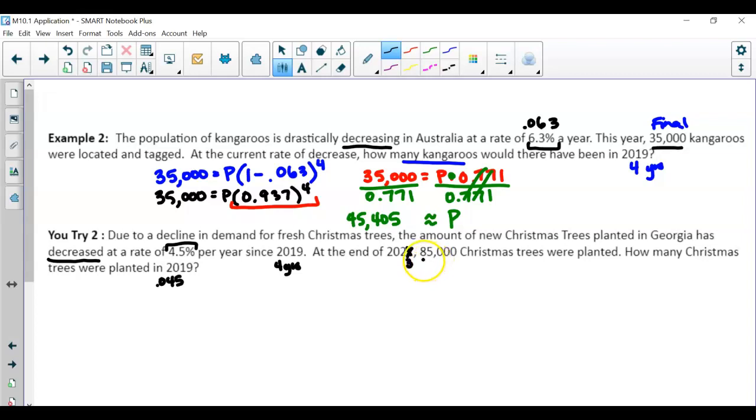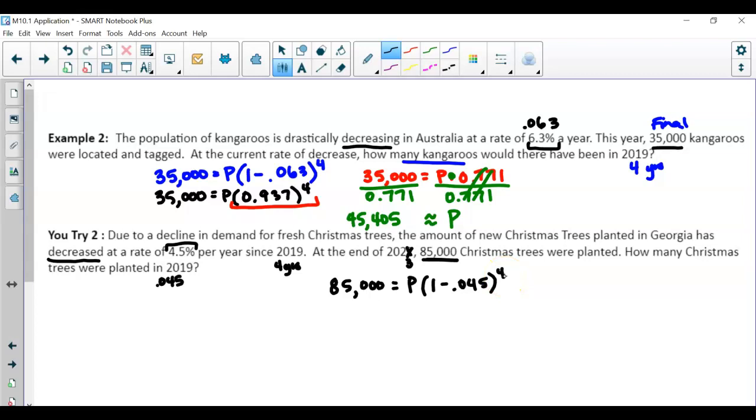So here we have the final amount. We're looking for where we started. So again, the final amount in this year is 85,000 Christmas trees, which is equal to our principal where we're starting, times 1 minus our rate, 0.045, raised to the t, which is 4 years.